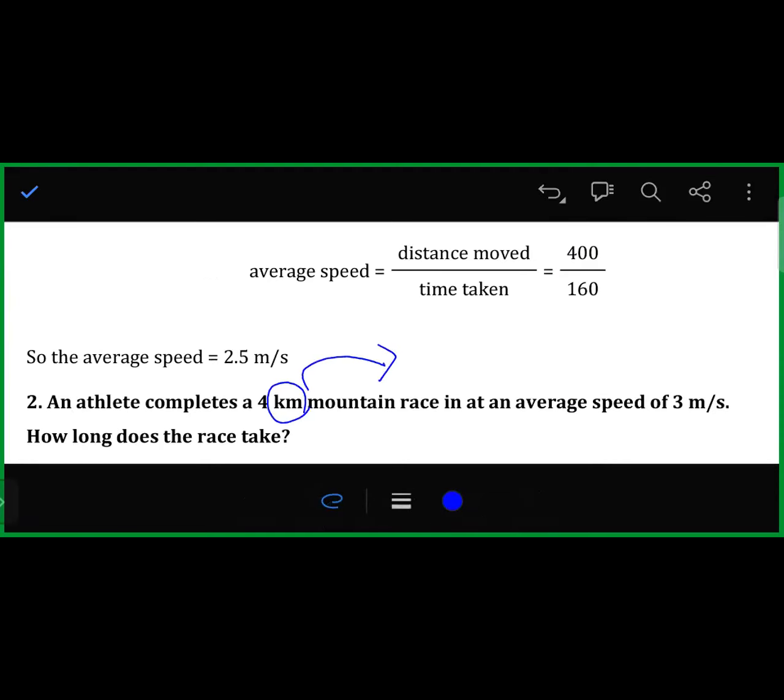We must transform it into meters by multiplying by 10 power what? Positive 3, from greatest to smallest.